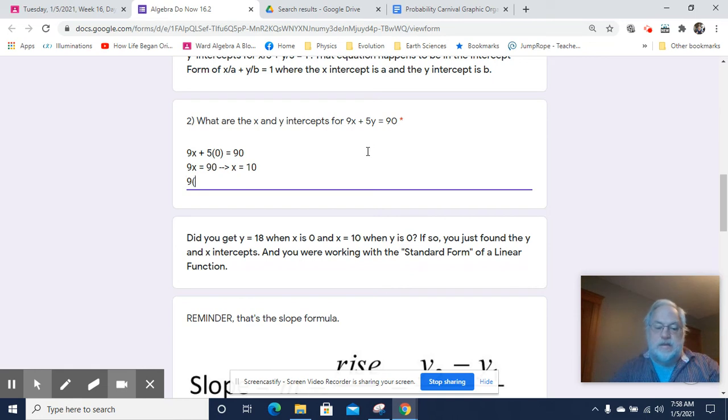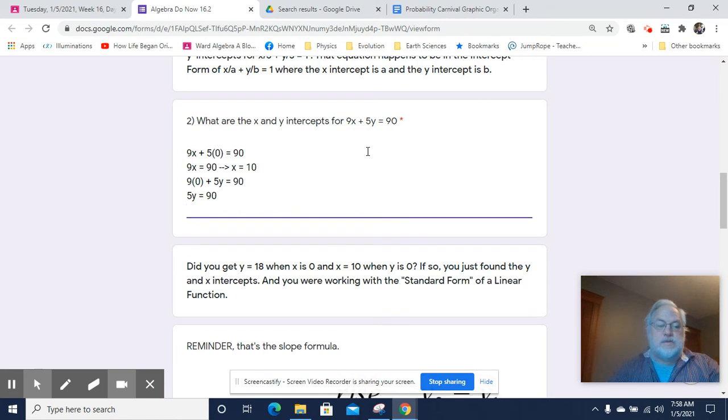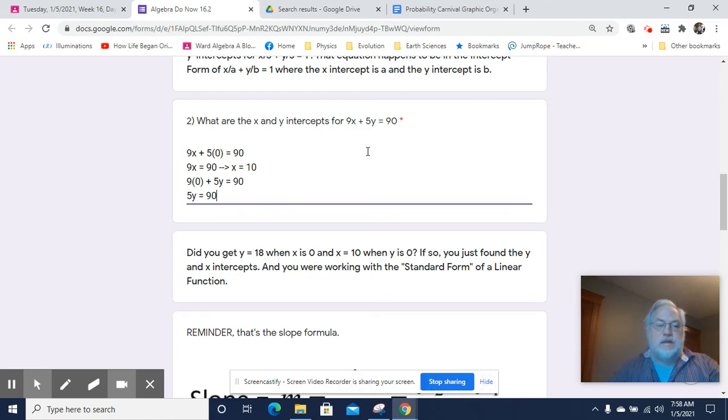So you say 9 times 0 plus 5y equals 90, and you're left with just 5y equals 90. Divide both sides by 5, and y equals 18. And so you would have had an x-intercept at 10 and a y-intercept at 18. So 10 comma 0 is the point, and this one would be at 0 comma 18.